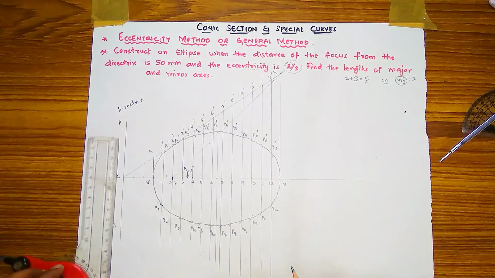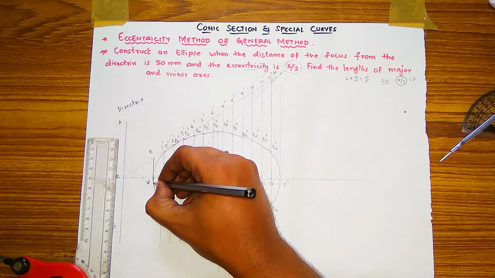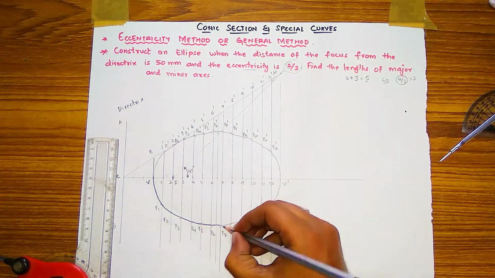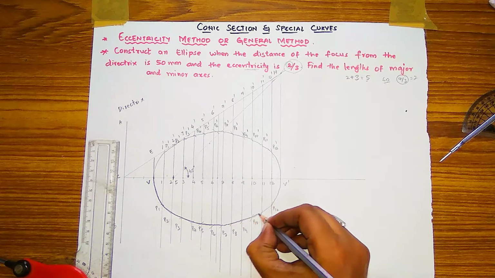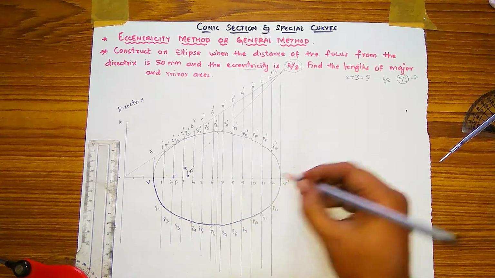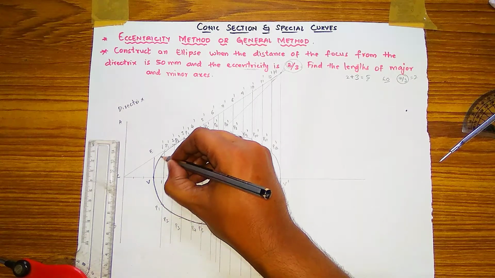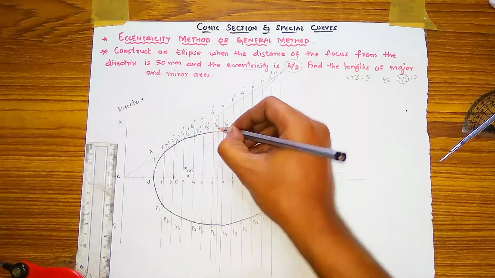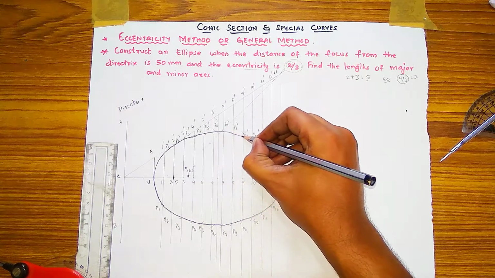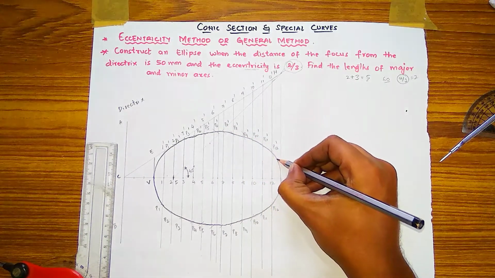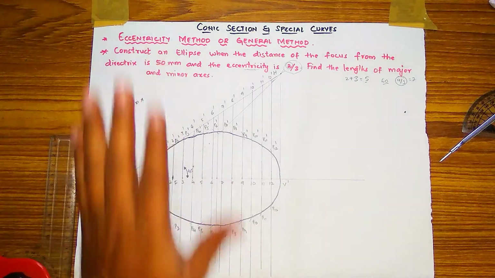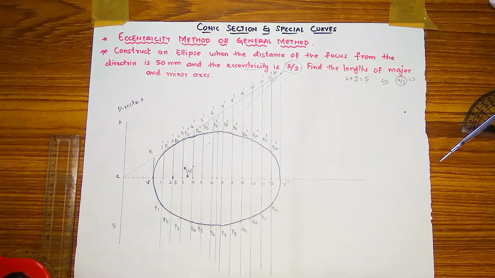This is your ellipse constructed, so you have to dark it like this. Now your ellipse has been constructed according to the dimension given in the question and the eccentricity 2 by 3.